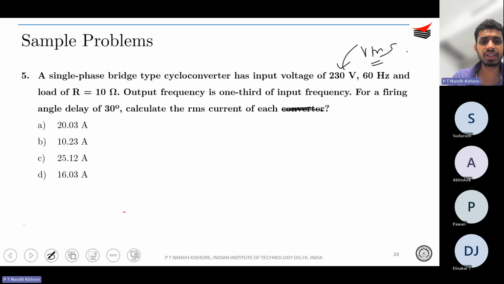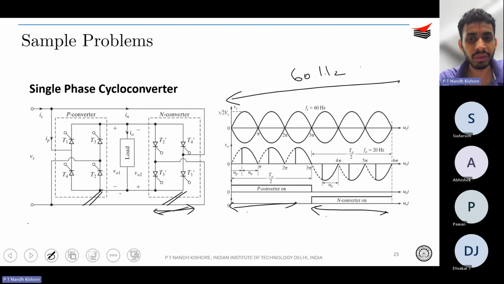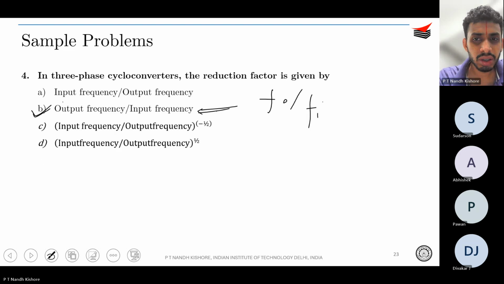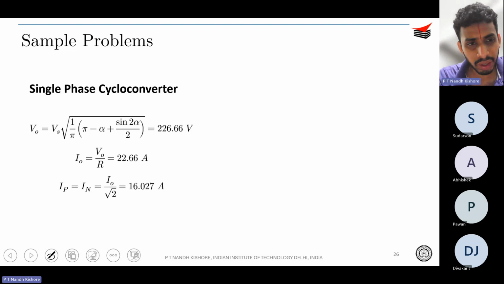The question says the output frequency is 1/3 of the input frequency. That is why the wave shape is something like this. For a firing angle delay of 30 degrees, calculate the RMS current. So alpha is also given.